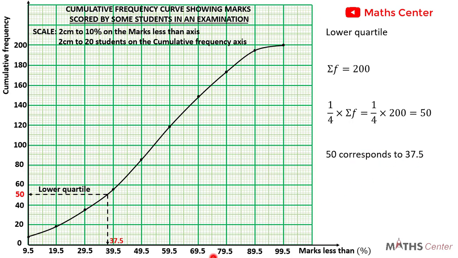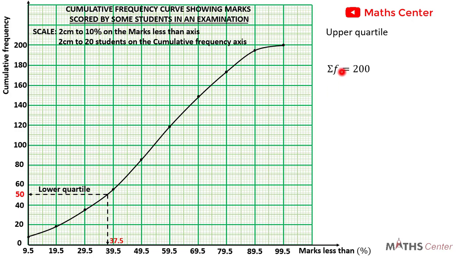So it means that the lower quartile is 37.5. Remember, the lower quartile is not 50. The lower quartile is at the 50th position. And from the curve, the 50th position gives us 37.5%.